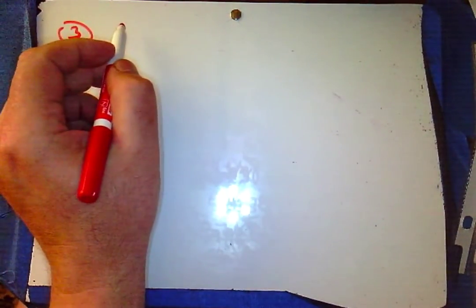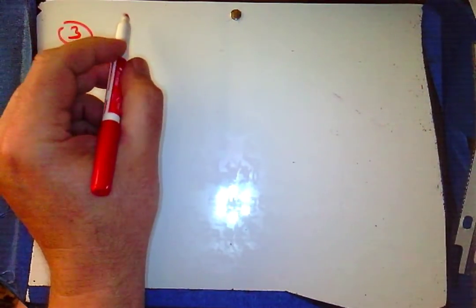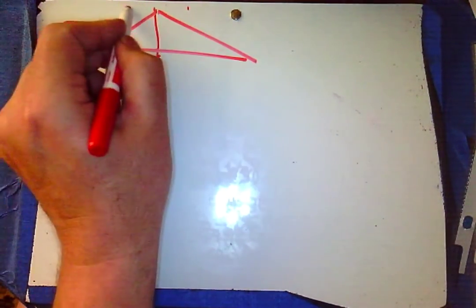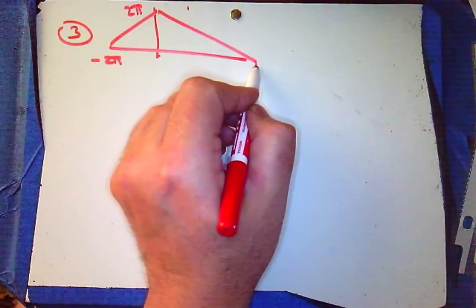Problem number 3 says, let g be a piecewise linear function defined on negative 2 pi to 2 pi. We've been given a graph. That's negative 2 pi, that's 2 pi, and that's 4 pi.